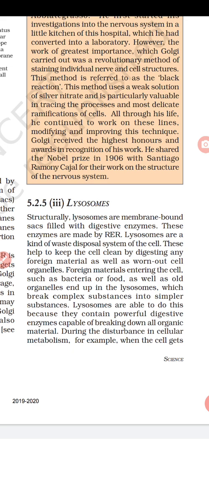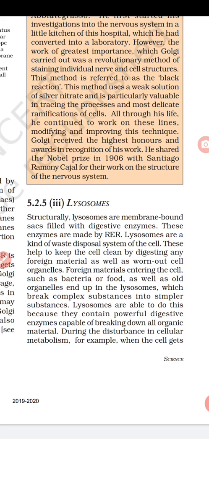Then what is the function of this digestive enzyme, children? The very important function: digestive means of course for digestion, right?